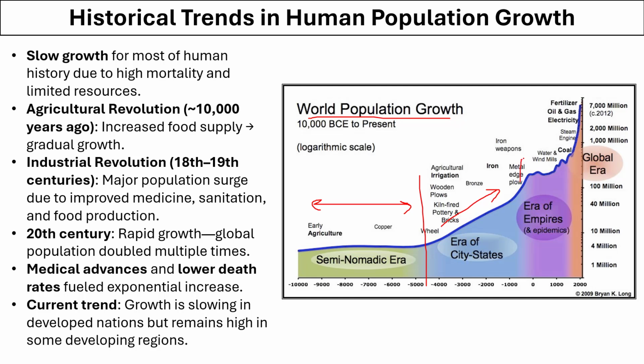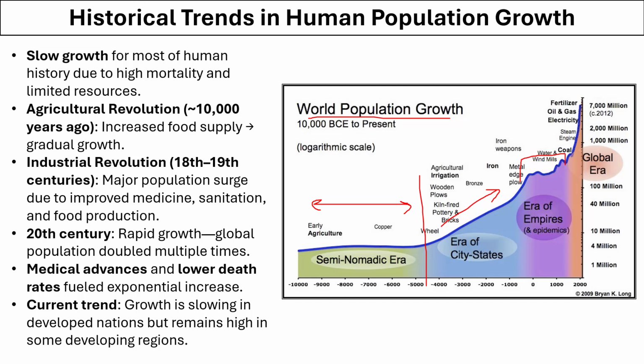Then with the industrial revolution, there was again an increase in population growth because of advancement in medicine, sanitation, and also availability of food. By the 20th century, we saw a rapid increase in growth in the entire world with the advancements of medicine and with more resources available.